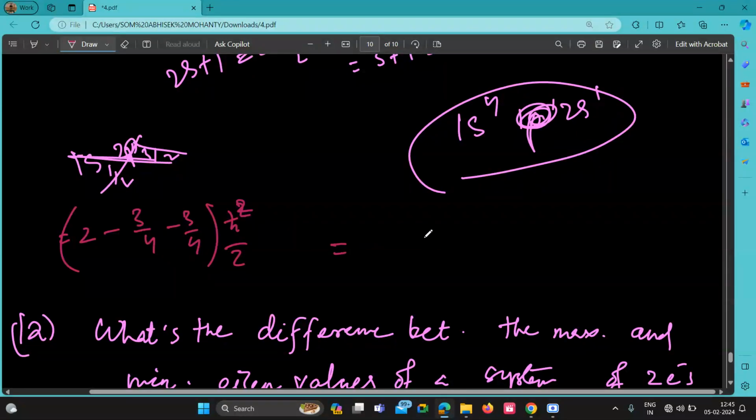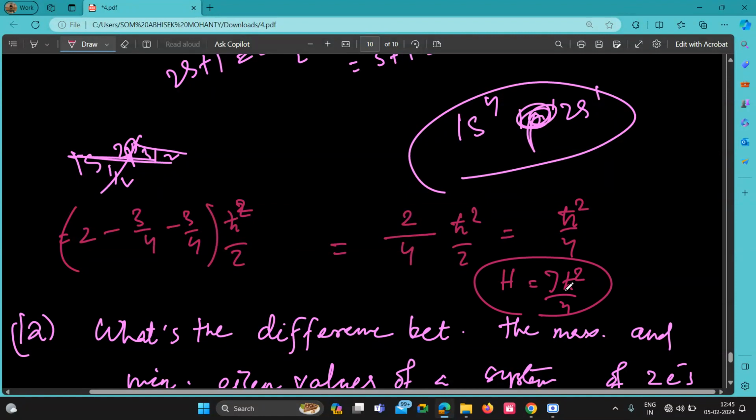So this is 8 minus 6, 2 ħ squared by 2, that is ħ squared by 4. And if you write the H, that is J ħ squared by 4. So this is for S equal to 1, that is the maximum value.